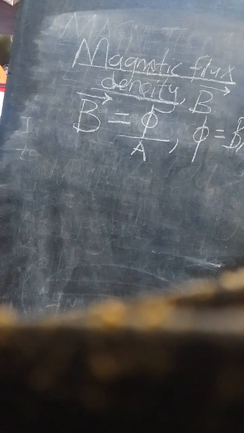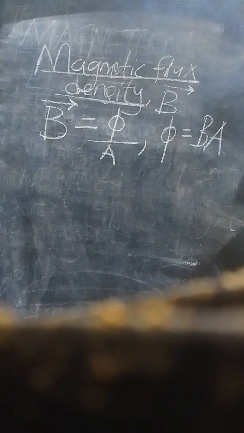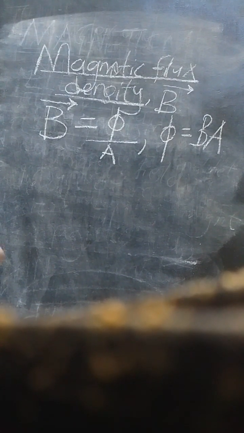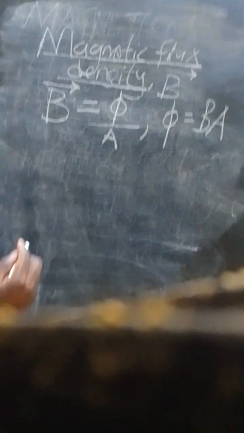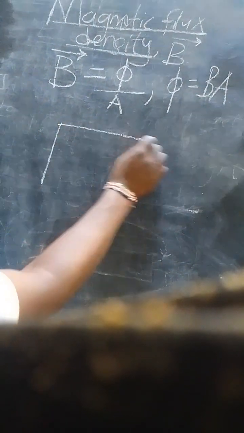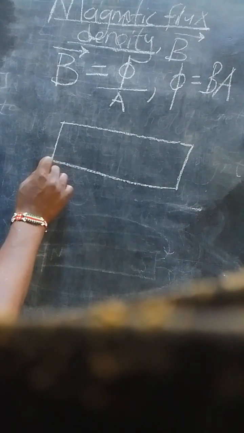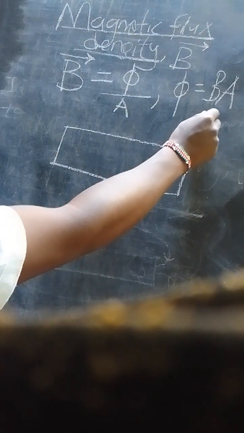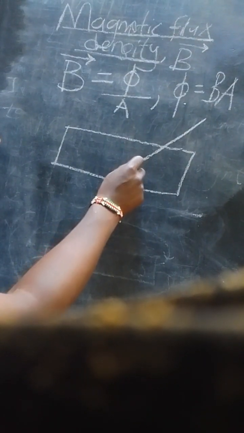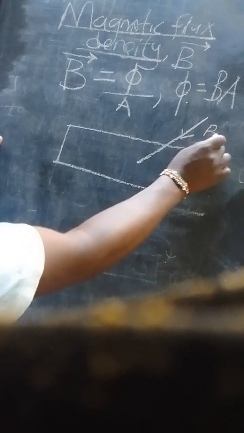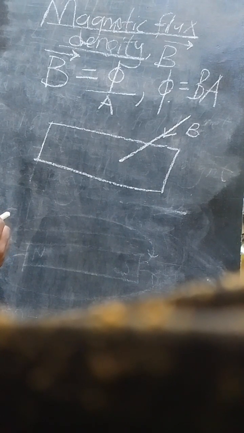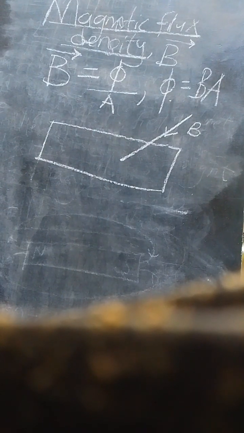We are going to consider now what happens when we have magnetic field lines traveling at an angle into a given area or platform. Consider this. This is where our magnetic fields are going to flow. These are the magnetic flux density lines, and they are going to travel into this material.